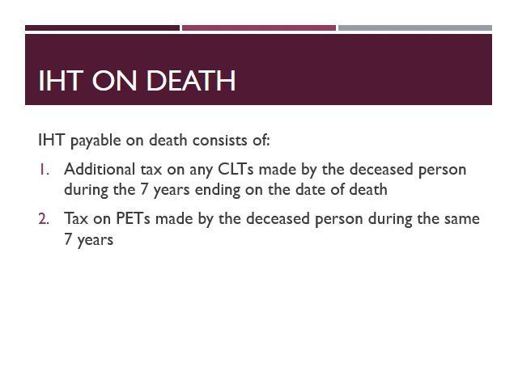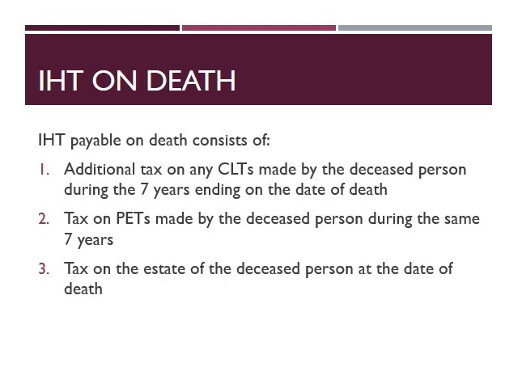We also have tax payable on potentially exempt transfers that are made by the deceased person during the same 7 years. And we have tax payable on the value of the estate of the deceased person at the date of death. Now, we will look at how we calculate inheritance tax on the first two of these points in this session, and we'll look at the third in a separate session.